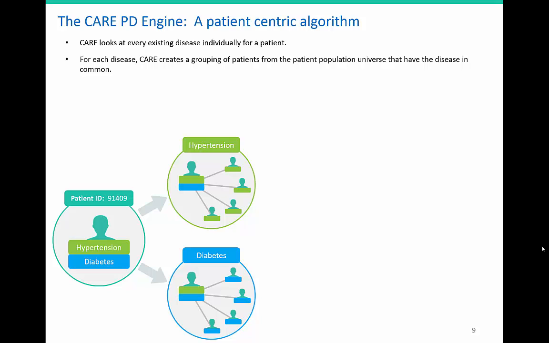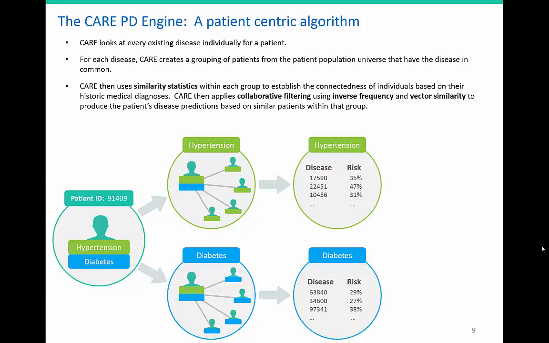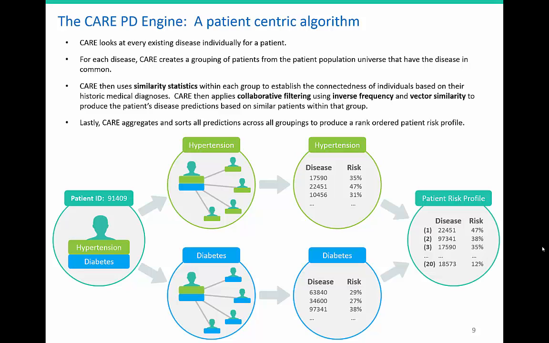CARE then uses similarity statistics within each group to establish the connectedness of individuals based on their historic medical diagnoses. CARE then applies collaborative filtering using inverse frequency and vector similarity to produce the patient's disease predictions based on similar patients within each group. Lastly, CARE aggregates and sorts all predictions across all groupings to produce a rank-ordered patient risk profile.